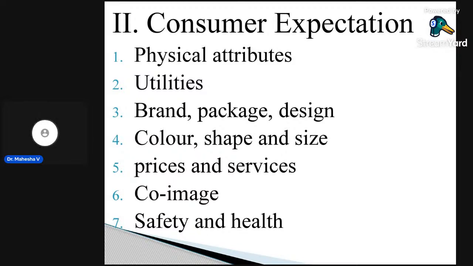If you are going to purchase hair colors, we always look at whether it is ammonia free or not. It's a chemical which is definitely going to affect our eyes or skin. Some problem will be created. That is an example. These are all the certain expectations consumers normally have from the company regarding the product.